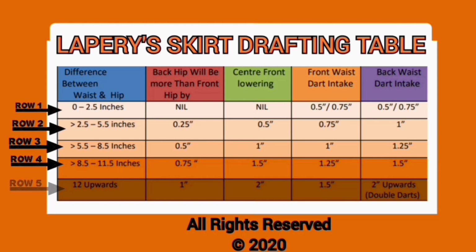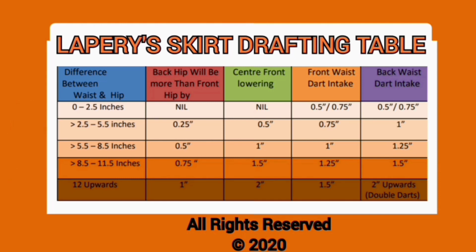So every piece of information in that row is what you are going to be making use of. In this first row, we have 0 to 2.5 inches, which means if the difference between the waist and hip measurement that you are working with falls between 0 to 2.5 inches, that means you are going to be making use of all of the values in this first row.